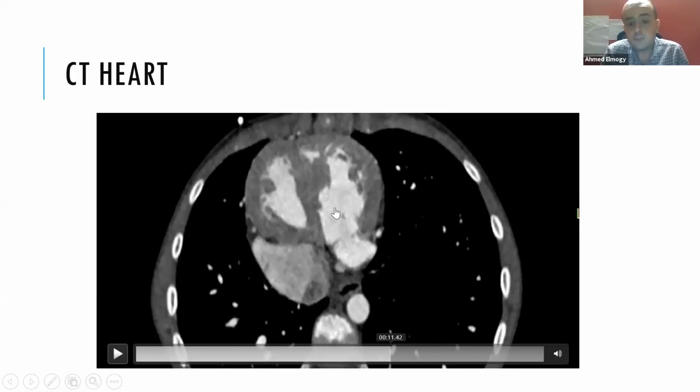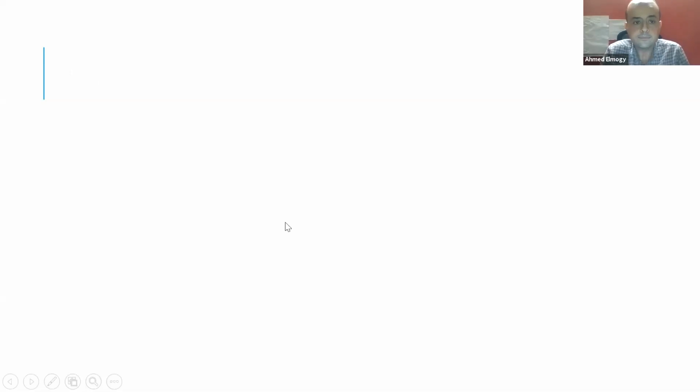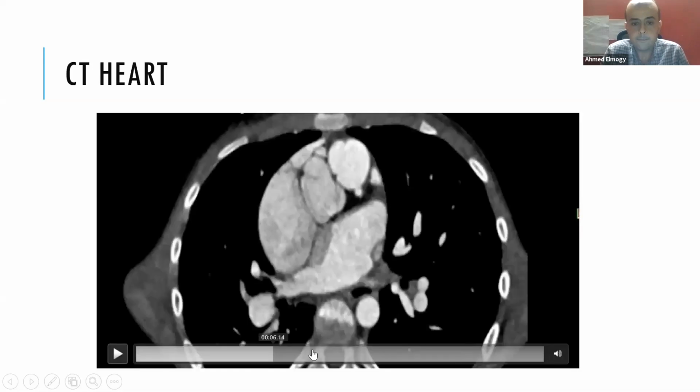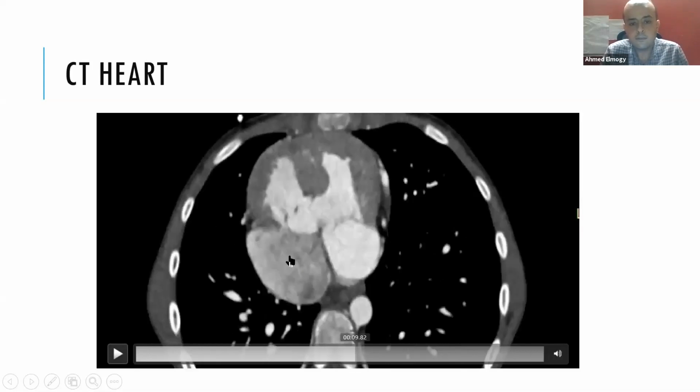There are a lot of features, but this is just for simplification. On the other hand, the morphologic right atrium gives rise to the left ventricle with a smooth surface septum. Of course, there is a large perimembranous VSD.